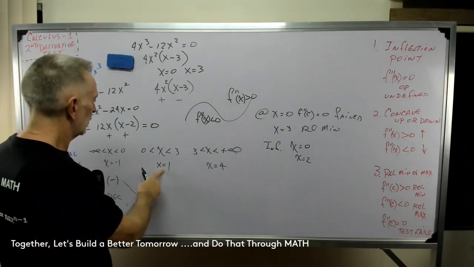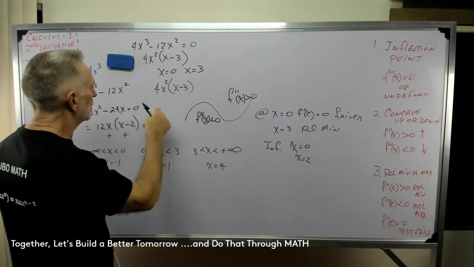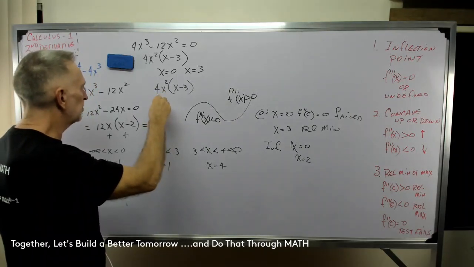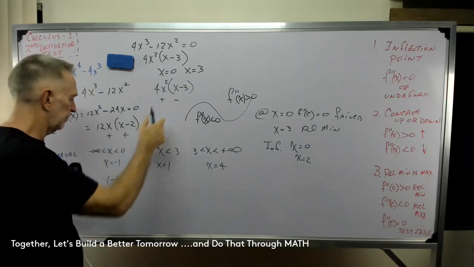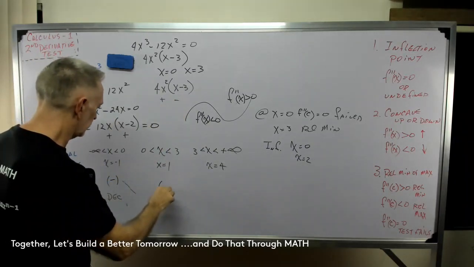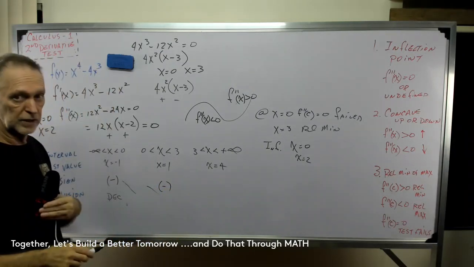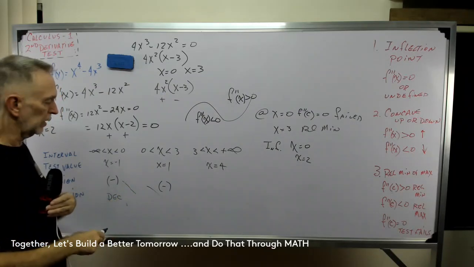All right, let's look on the other side here. X equals 1. 1 squared is 1, it's positive, times positive 4 is positive. 1 minus 3 is negative. Positive times negative also is negative. So the function is still decreasing. It didn't change at all right through there.